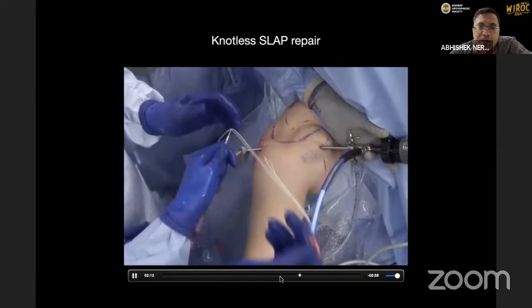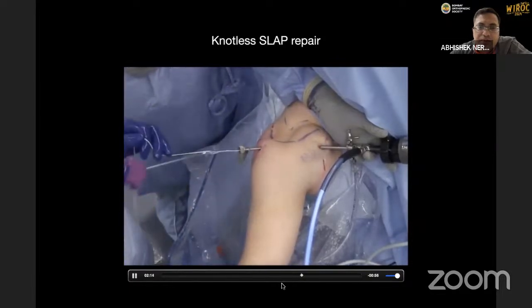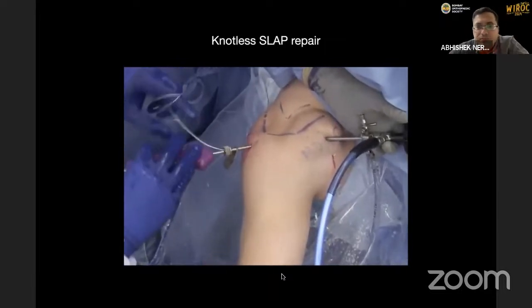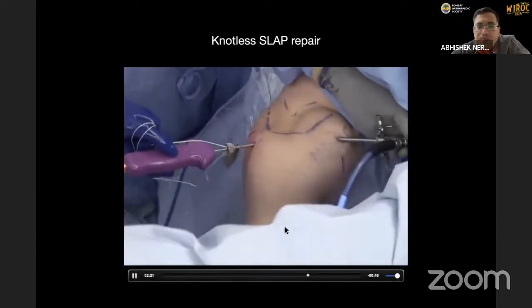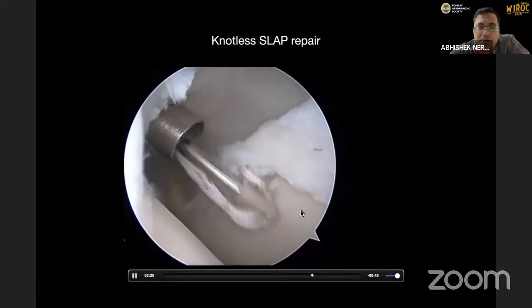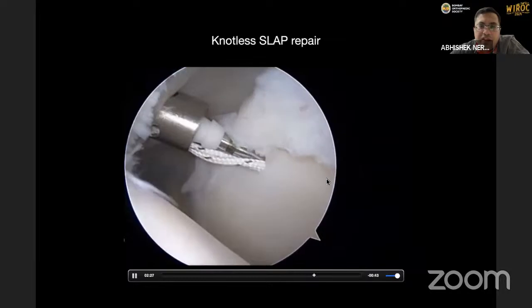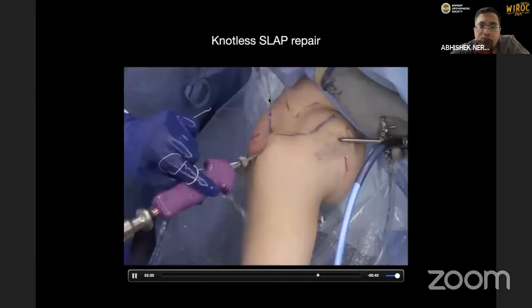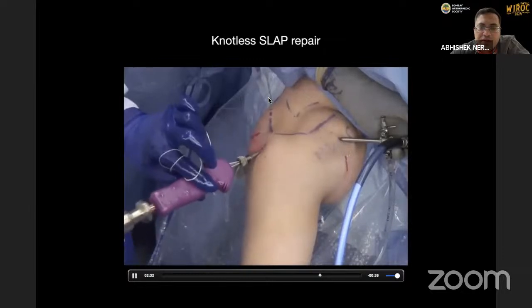These threads are then loaded through the anchor. So once you pass in the anchor, you don't have anything on the superior surface here. And you will see it very soon what happens after you punch in the anchor.